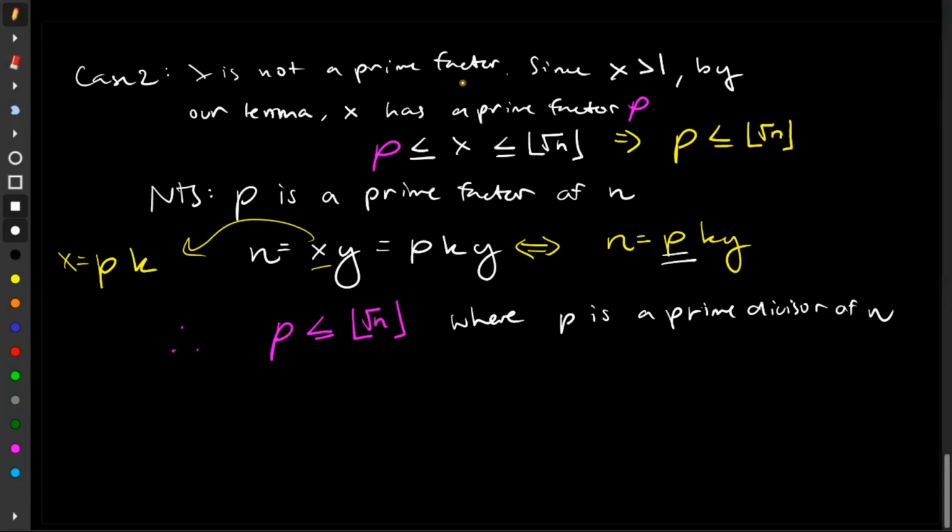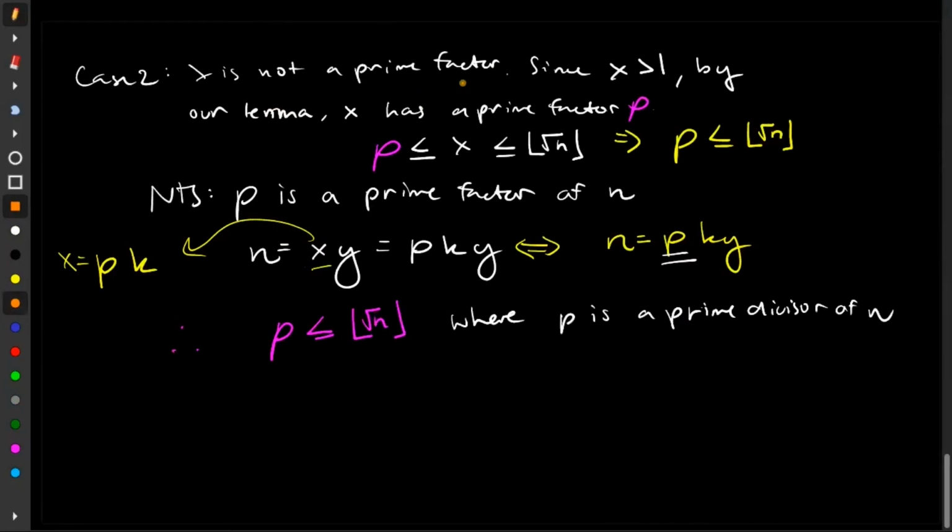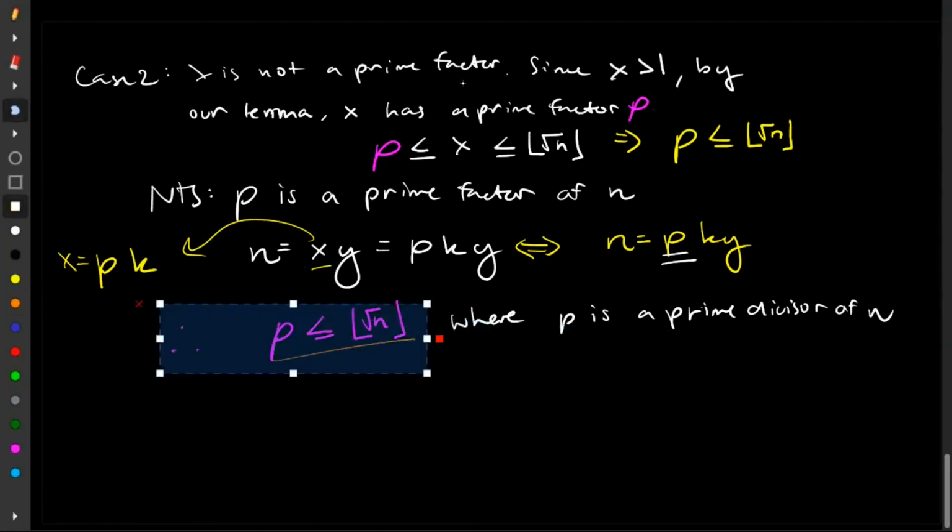So we have shown that indeed in either case, whether in this one or this one, a prime divisor of n is at most the floor of the square root of n, no matter what happens.